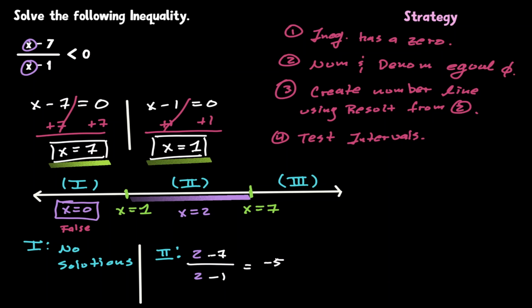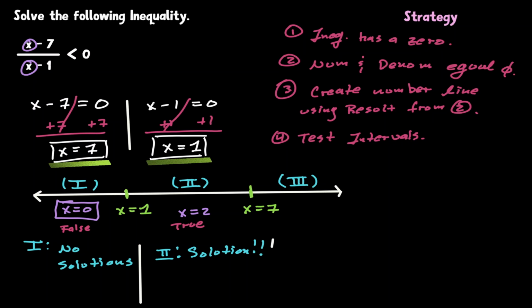Then we're going to get negative 5 divided by positive 1, which is equivalent to negative 5. And now let's ask ourselves one question. Is the result that we obtain less than 0? Well, that's definitely true. And because we obtain a true result, then we can say that any number that we choose between positive 1 and positive 7, which is our second interval, will be considered a solution of this inequality.